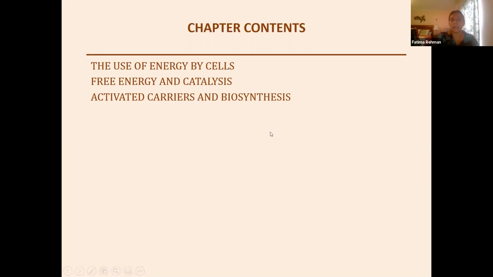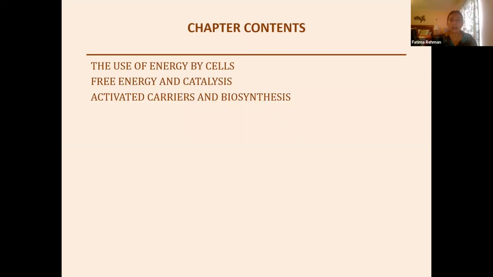So the chapter is divided into three different parts. The first one is talking about how energy is utilized by cells and how cells are organized in their environment. The second one focuses more on free energy and catalysis by enzymes, so it's focused on enzymes in general.